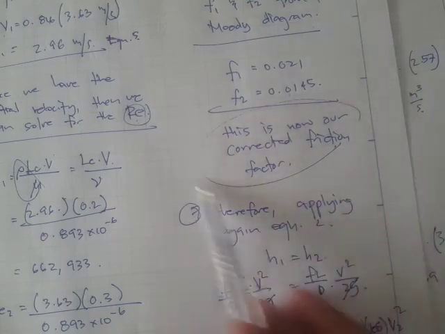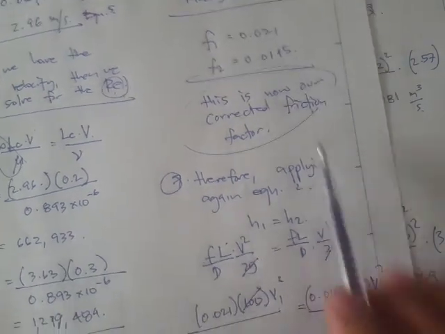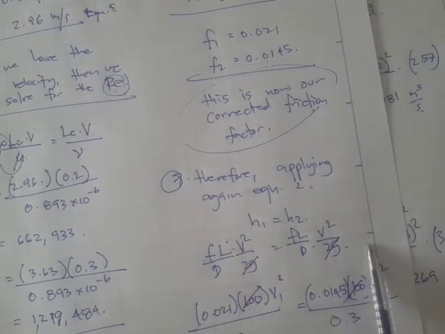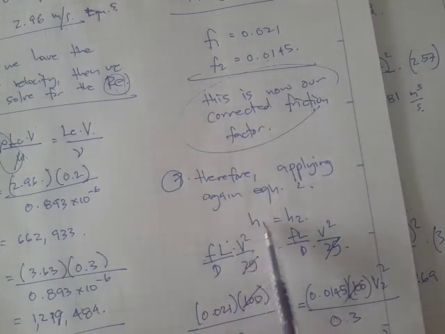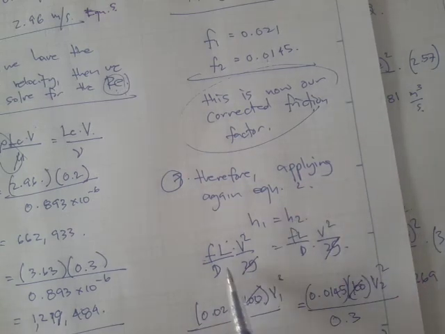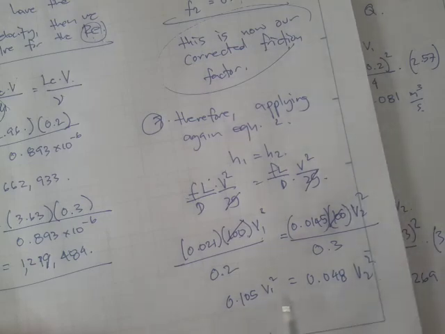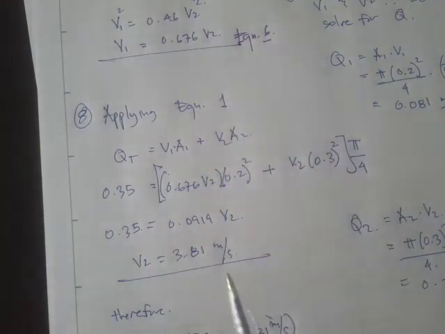Having these values, we apply again rule number 2, that the head loss at 1 is equal to head loss at 2. That's the Darcy-Weisbach equation. We again solve for the relationship between the velocity at 1 and the velocity at 2.